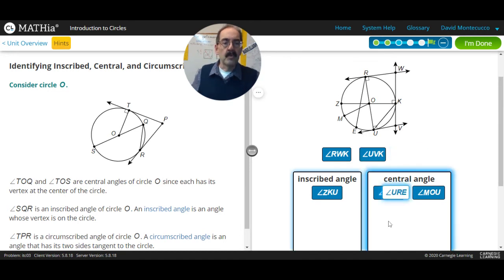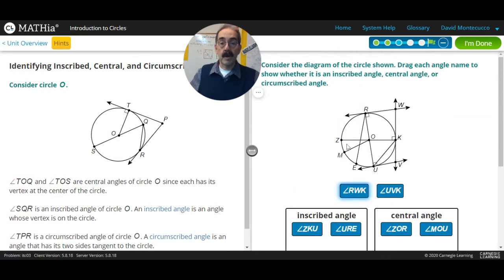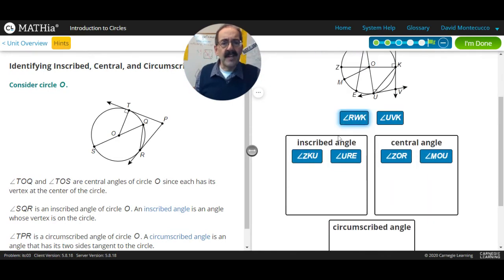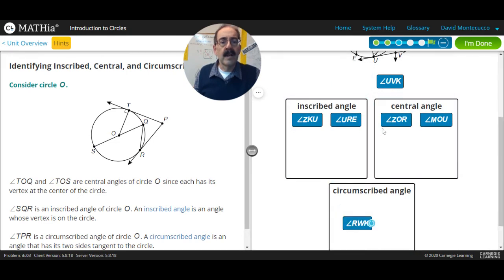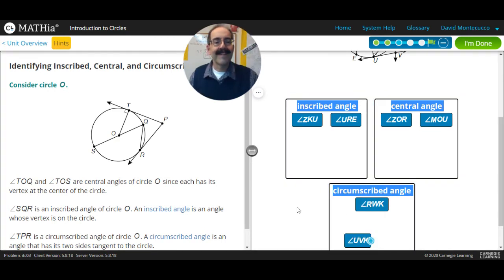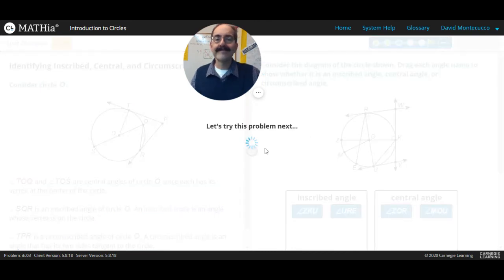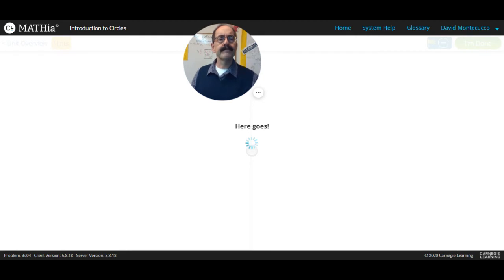UR, URE, okay? All right, now circumscribed, outside, where the center is on the inside of the angle, okay? Cool. See what the next vocab is.